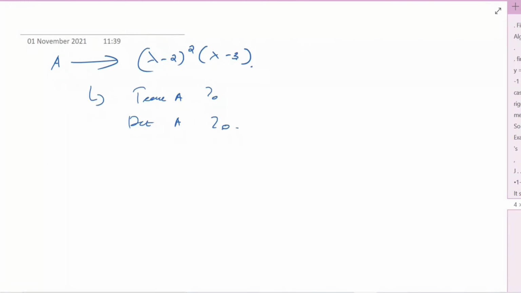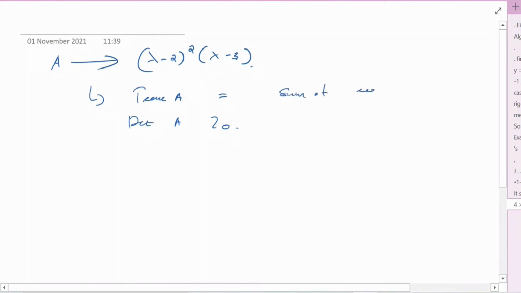We need to find the trace of this matrix and the determinant of the matrix. How will you find this? That property says trace is the sum of the eigenvalues, and determinant is the product of the eigenvalues. Here, what are the eigenvalues? 2 and 3. So trace will be 2 plus 3, the sum of the eigenvalues.